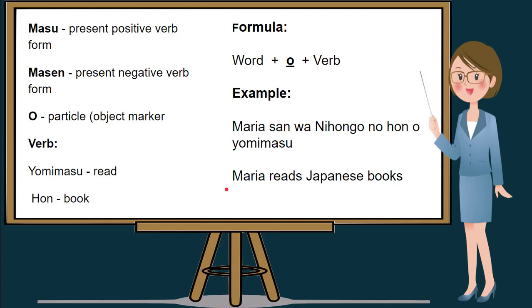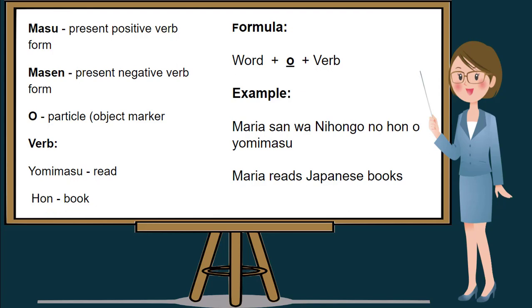Let's try to create another sentence making use of mas, which is the present positive verb form, masen, the present negative verb form, using particle o, which is the object marker and is written before the verb. We will make use of yomimasu, meaning to read, and hon, which means book.